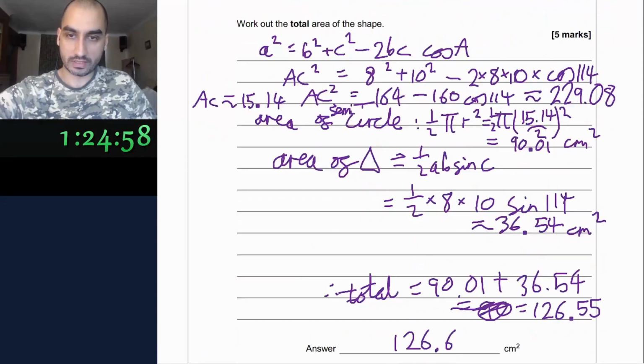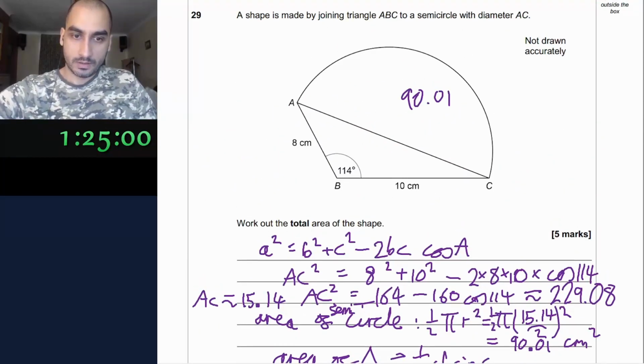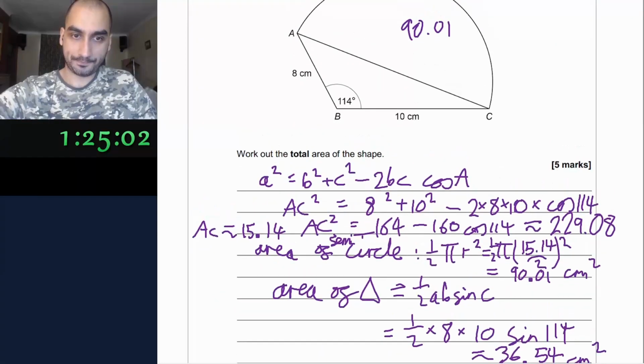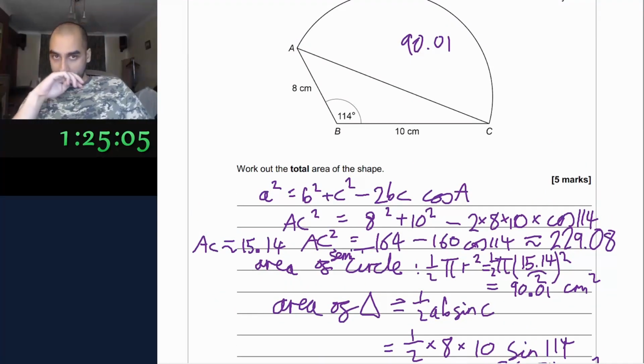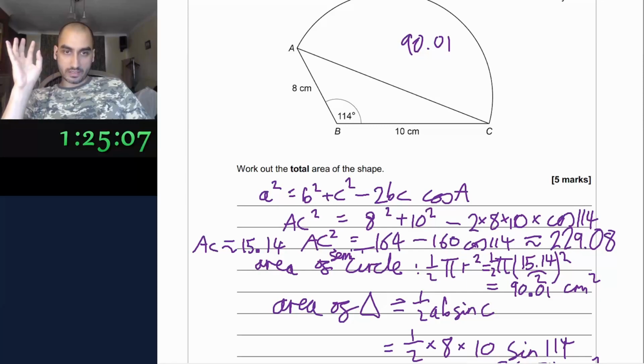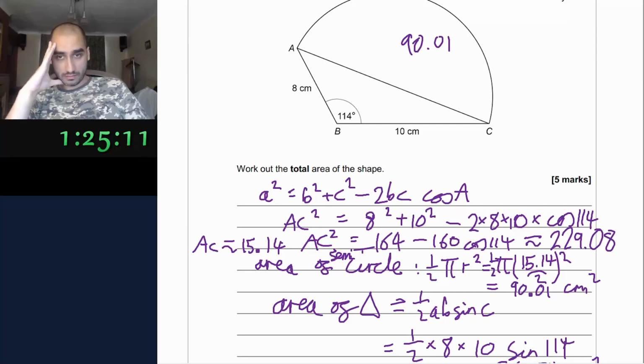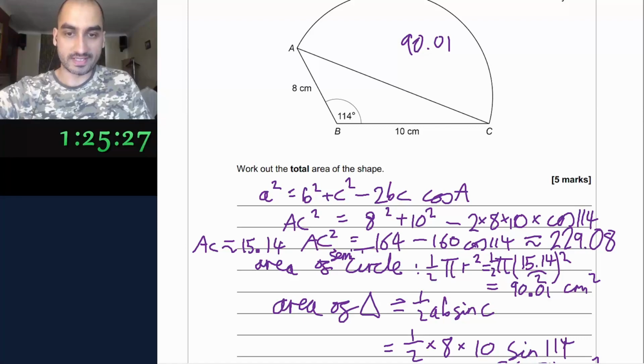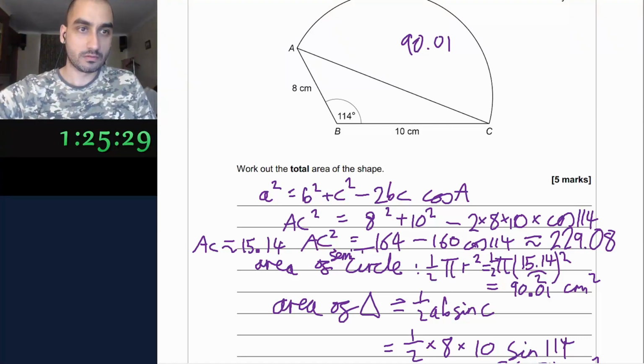Alright, let's redo this calculation. So AC squared equals 8 squared plus 10 squared minus 2 times 8 times 10 cosine 114. So 164 minus 160 cosine 114. So 164 minus 160 cosine 114.